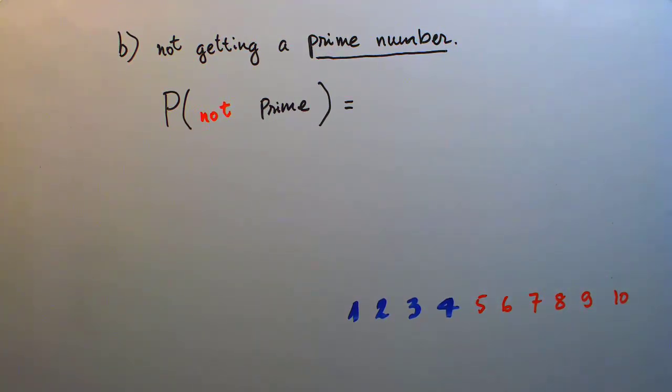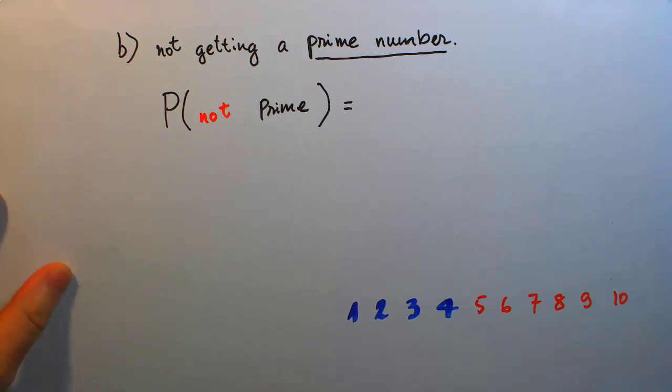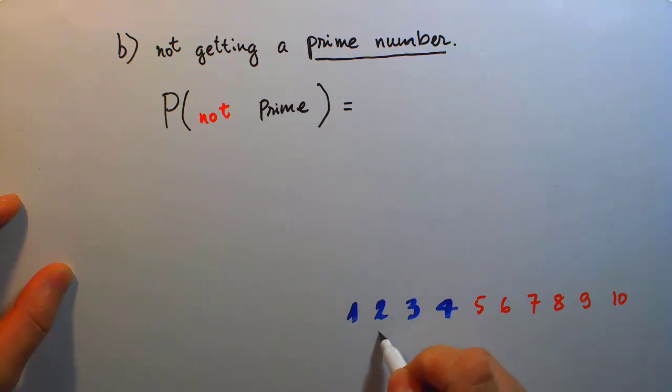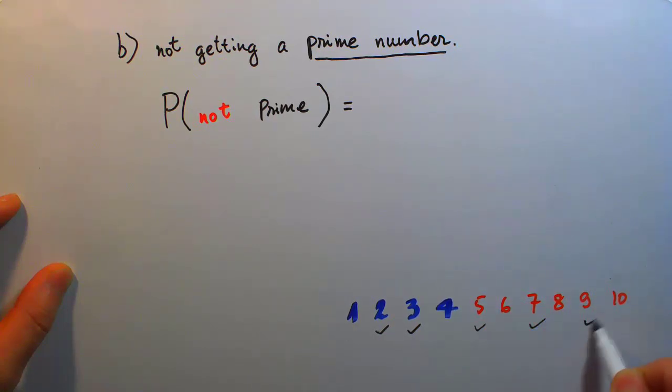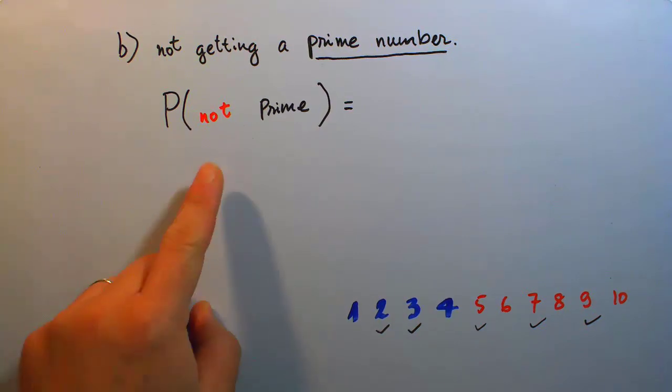Alright. And so prime numbers are known to be those numbers divisible only by 1 or itself, but a prime number also has to be greater than 1. So these are the prime numbers. So we got 5 prime numbers here in the whole sample space, but here we're actually looking for not prime.